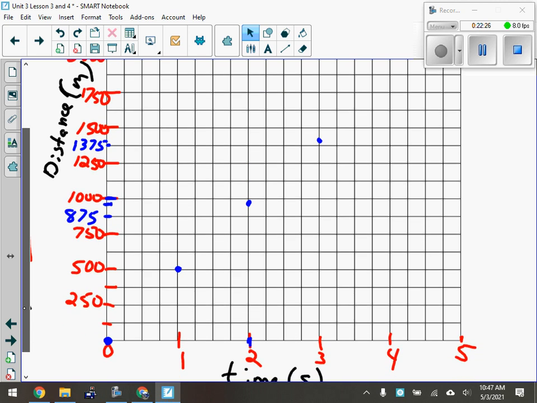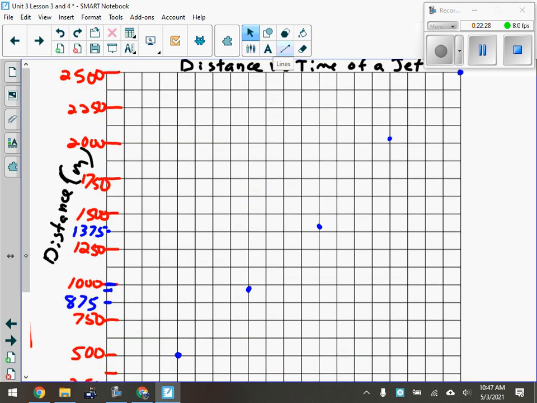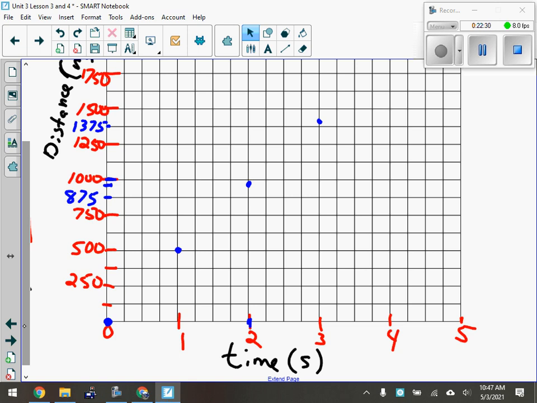I'm going to try this. I forget now. I apologize. But obviously I did this on the last one, so let me just try this here. Okay, I'm going to draw a line. Let's see. I'm going to try this. Nope. That's not it. Let me try this one more time here.